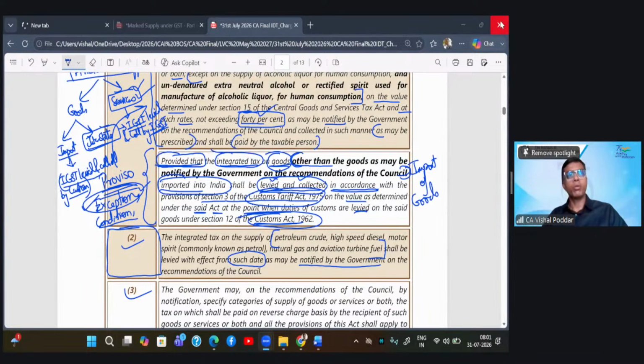When you are talking about goods, if it is done without consideration, then as we have seen in Schedule 1, only when it is covered, Kanhaiya, you can levy tax on import of goods or service, but provided it will fall in Schedule 1.